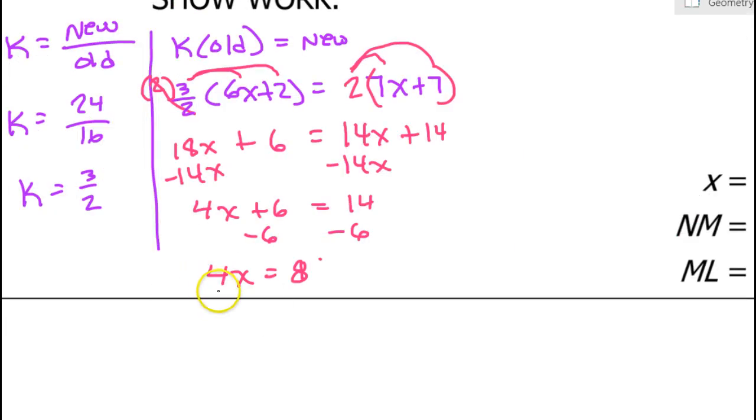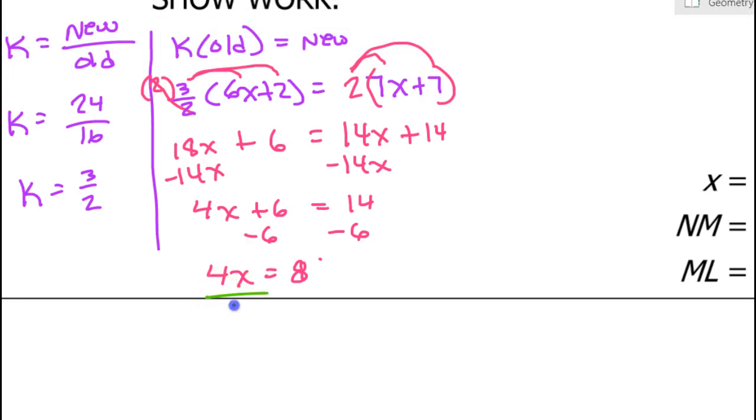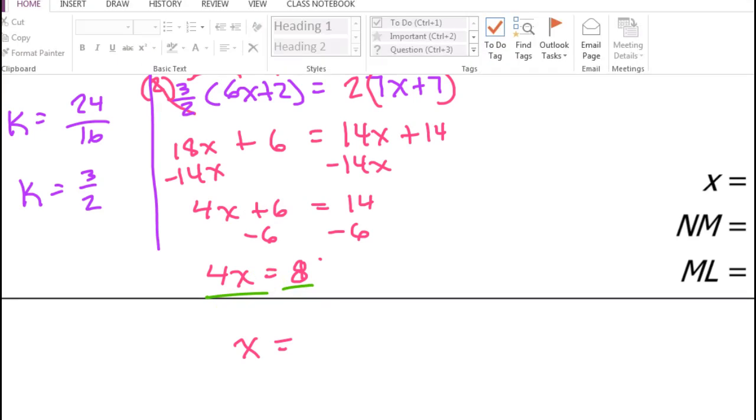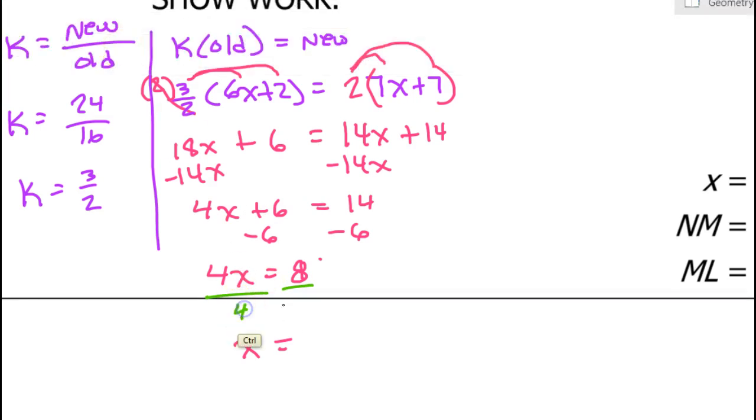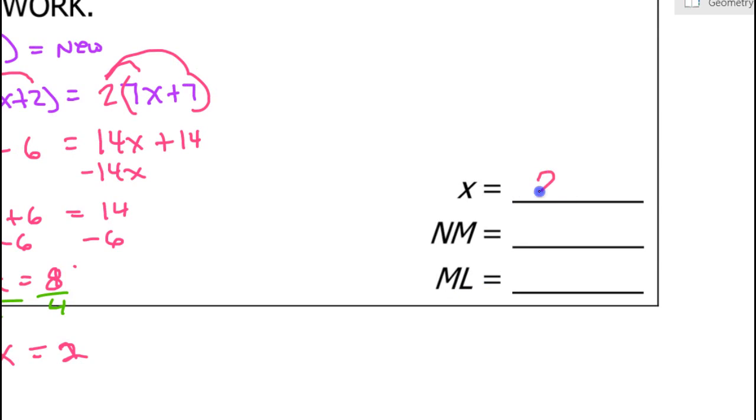So, of course, if I divide both sides by 2, that's going to give me x is equal to, what? I don't mean to divide by 2. That was silly. I mean, if I divide both sides by 4, that's going to give me 2. So now I know that x is equal to 2.